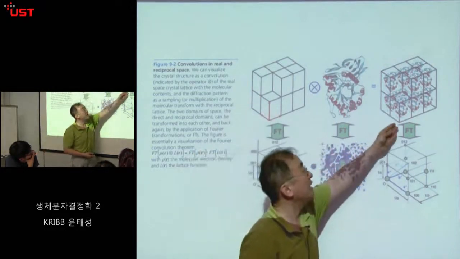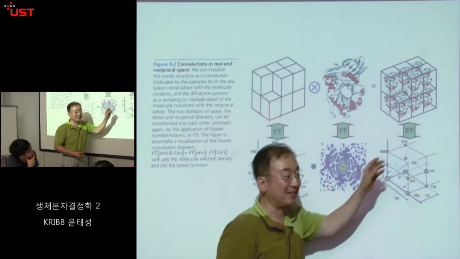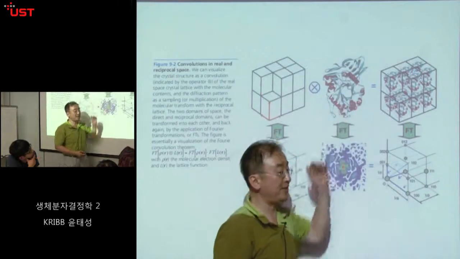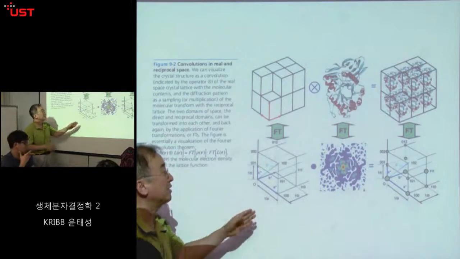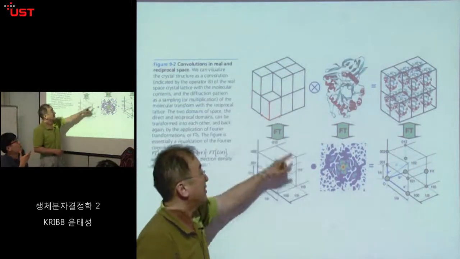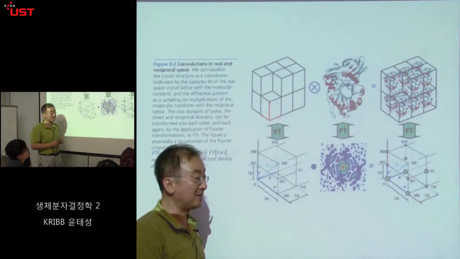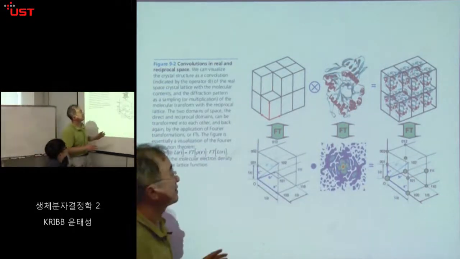Then you will have copies like this, like PCR, a kind of amplification of a single motif over all places captured in each unit cell. But here, it is not like that. This is simple multiplication. The result of Fourier convolution in crystallography is like this.